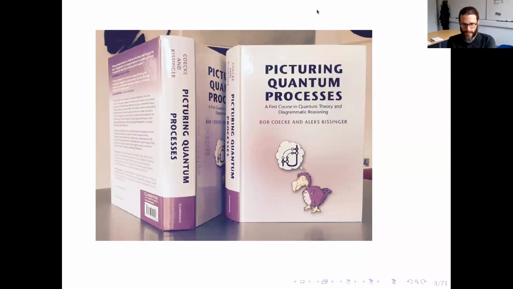Okay, so a lot of the background for this is a book called Picturing Quantum Processes that Samir mentioned. The idea of this book, and more broadly this research program, is to teach quantum theory using a kind of diagrammatic notation, and we call this diagrammatic reasoning. In this kind of notation, the pictures really are the math.